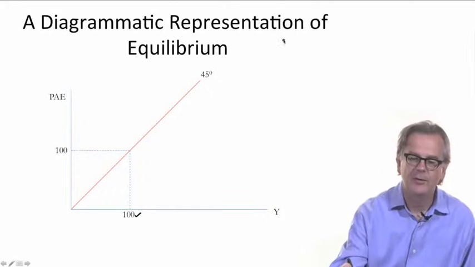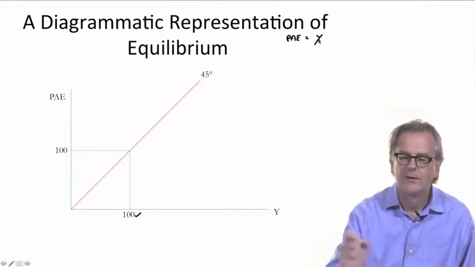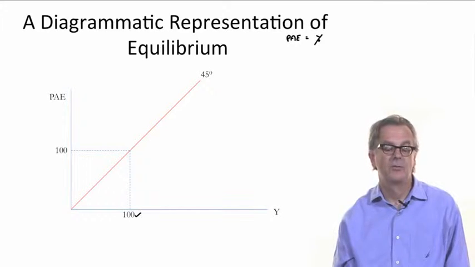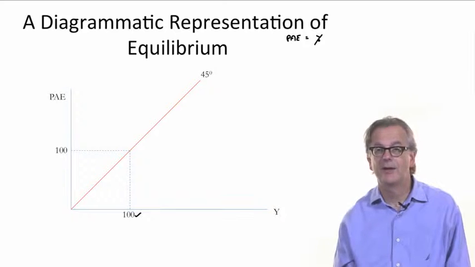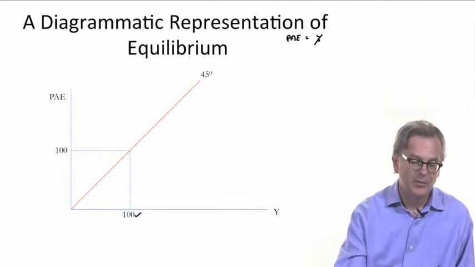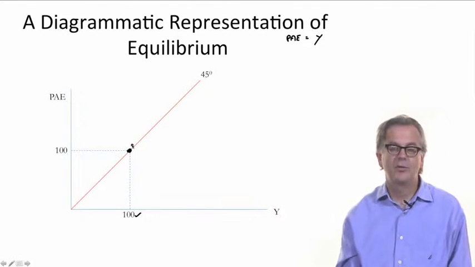Because remember, an equilibrium is a situation defined to be where planned aggregate expenditure equals actual GDP. Or to put it simply, what firms are planning to produce corresponds exactly with what the sectors in the economy in aggregate are planning to spend. So that this point here on the 45-degree line can be viewed as a point of equilibrium for the economy.